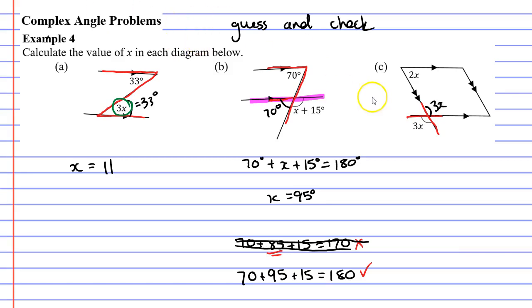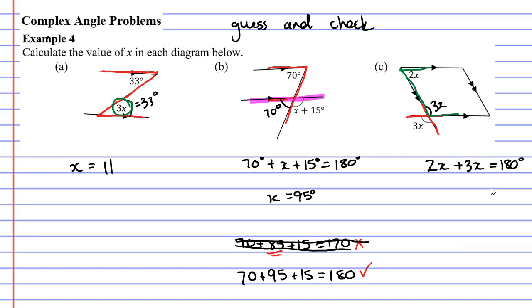The next thing I also notice is that I get a C shape, which I'm not drawing very well, but you can see it nonetheless. Here's my C shape. And if I get a C shape, the angles will add up to make 180 degrees. So if I take 2x and 3x and add them together, they'll equal 180 degrees.